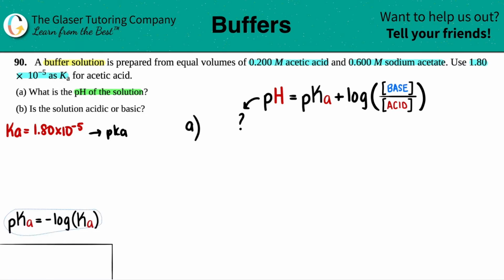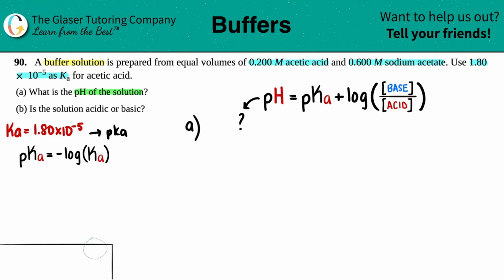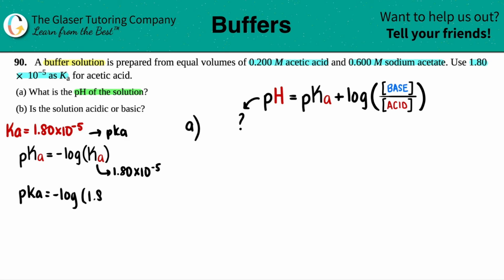All I got to do is import that 1.80 times 10 to the negative fifth in here. pKa equals the negative log of 1.80 times 10 to the negative fifth.